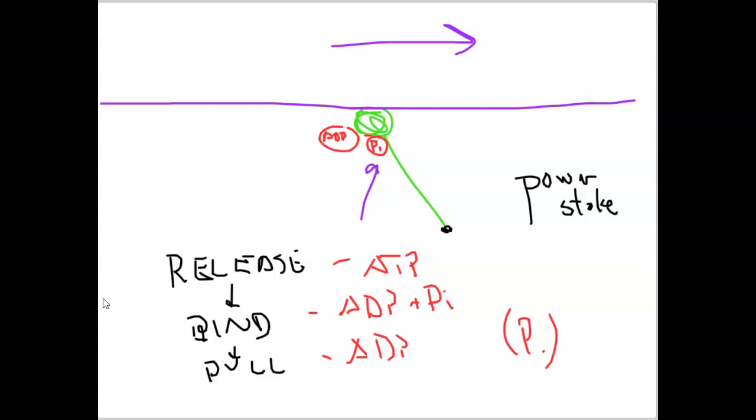That phosphate is buried in the crook of the lever arm, and it's keeping the lever arm in its open position. When that phosphate is released, not only does the phosphate float away, but that doorstop, if you will, is no longer forcing this lever arm to be in its open configuration.